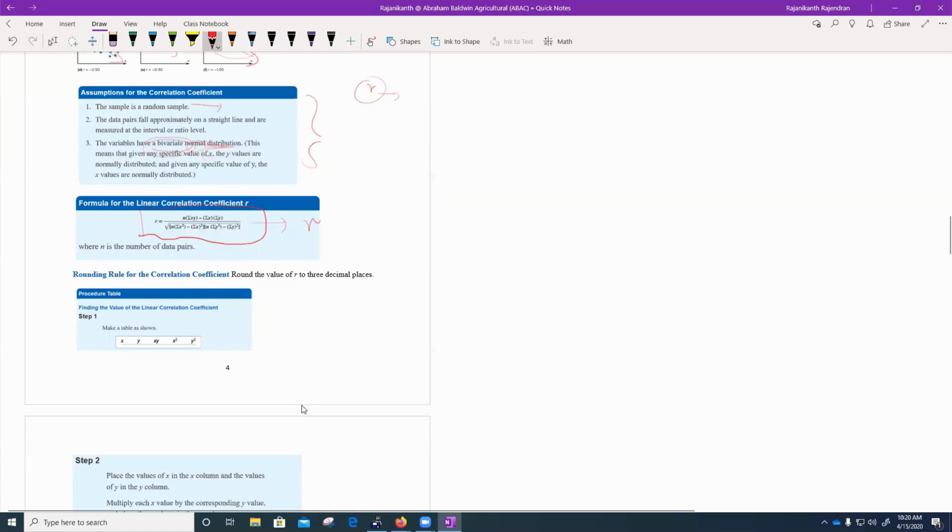Okay, so now let me write down this formula in a clear way. The correlation coefficient is given by the number of data points, n, multiplied by the sum of the product of x and y. Then you are subtracting the product of the sum of x and the sum of y.